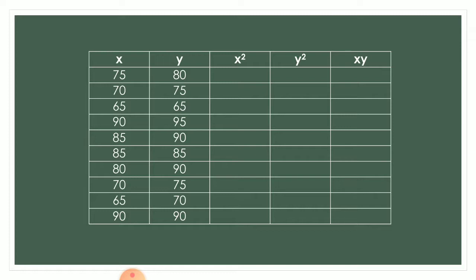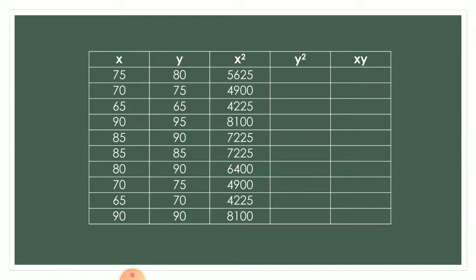So first, let us get the square of the x variable, or the midterm exams. That is 75 squared, which is equal to 5,625. 70 squared is equal to 4,900. 65 squared is 4,225, and so on.